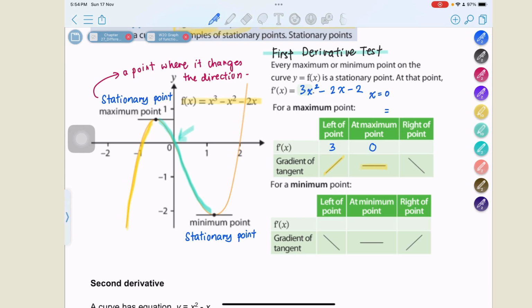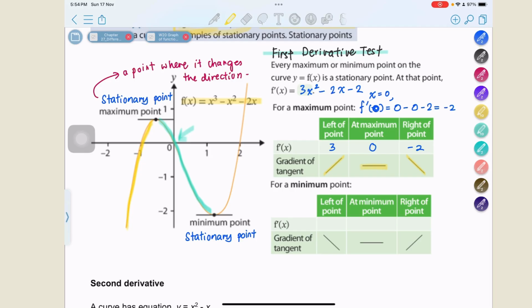So x equals 0. So what is my f prime x? From here, everything is 0 minus 0 minus 2, which is -2. Because my f prime x is -2, it gives me a negative tangent.